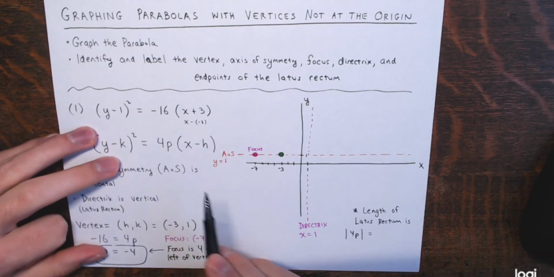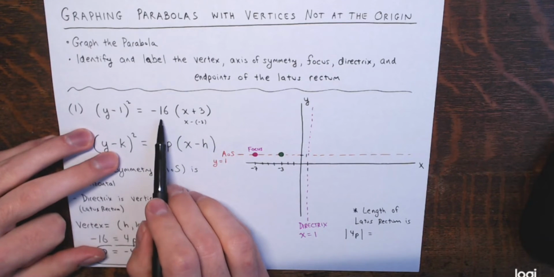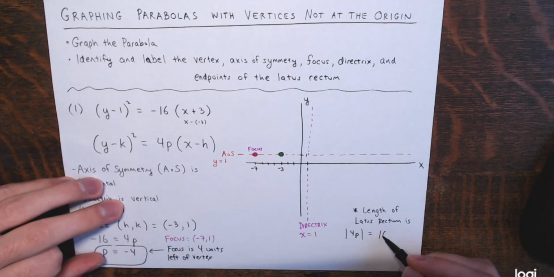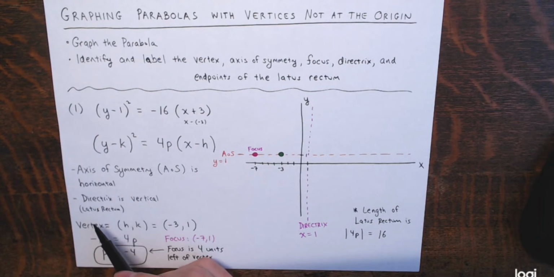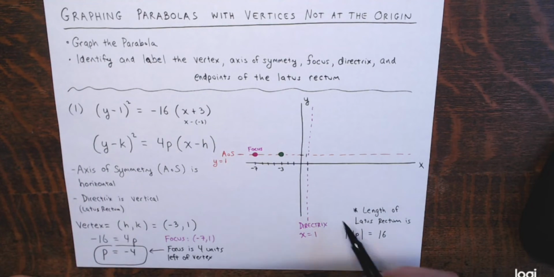So basically, if it's in standard form, you take the coefficient of the expression on the right here, make it positive, and that's the length of the latus rectum, 16. I'm going to cut this in half and use symmetry to find the points on the ends of the latus rectum, which are also points on the parabola. They are solutions of the equation. And the latus rectum and directrix should be vertical, right? They should be parallel. And I go from the focus, 8 units up.